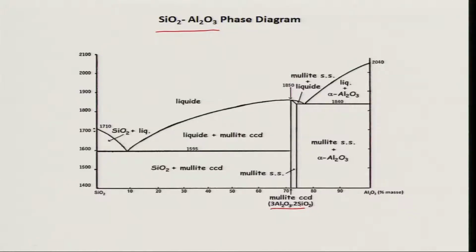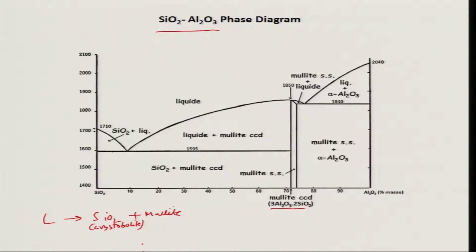The first eutectic reaction is like this: liquid transforming into SiO2, plus mullite. This SiO2 will be cristobalite. Silicon dioxide exists in quartz, cristobalite, tridymite, different structures at different temperatures.